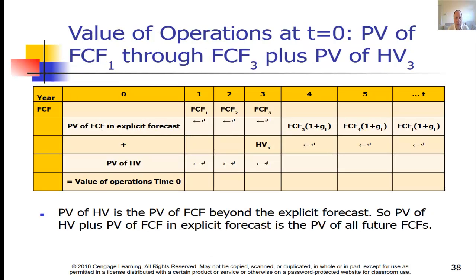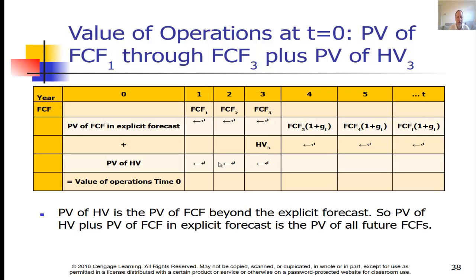We can now do a more general table of our cash flows. What we are going to use, again, is the cash flow in year 1, year 2, and year 3, shown up here at the top. Plus, in year 3, we have the horizon value.